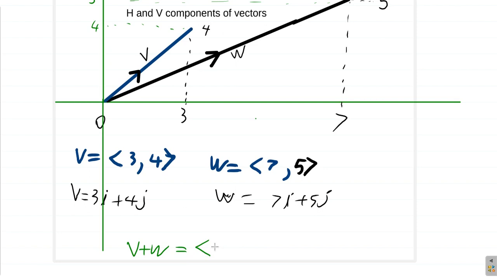You can't add horizontal and vertical. You have to add horizontal and horizontal, then vertical and vertical. So it would be 3 plus 7, comma, 4 plus 5. And that, of course, would be 7 and 3, 10, comma, 4 and 5, 9. That is what you would get.